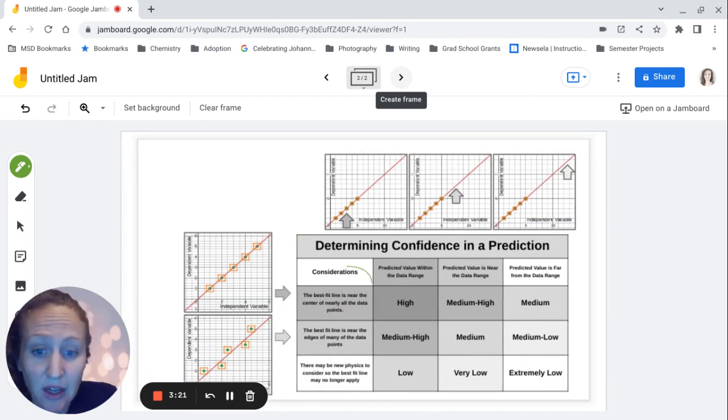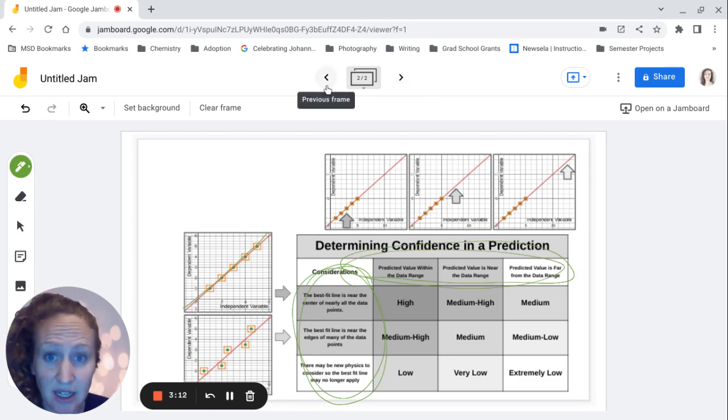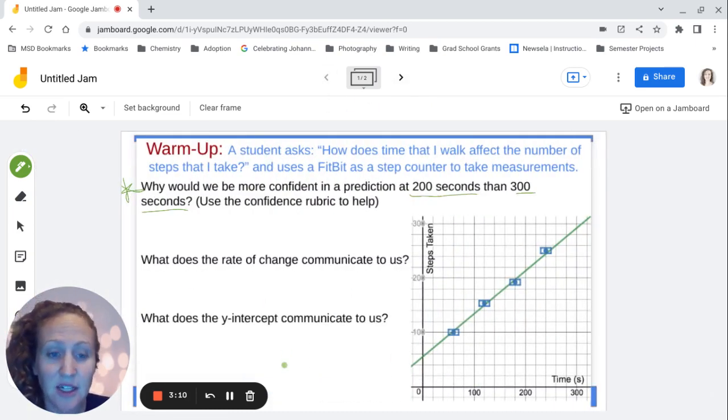So remember that on a confidence matrix, we're looking at how closely the line goes through the dots and also how close the predicted value is to the data. So let's go back to this graph and look at those two things. How closely does the line go through the dots? And if we are at 200 seconds versus 300 seconds, how would that change our confidence level?